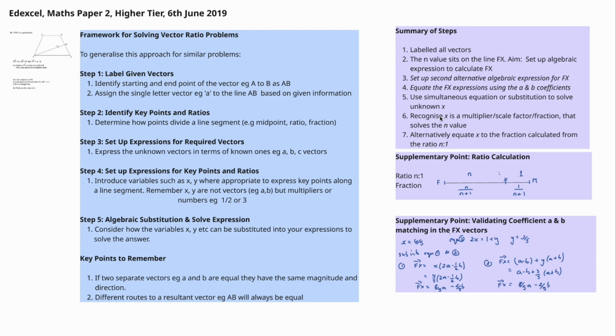It's important that you recognize that the x value or the y value we introduced was a multiplier or a scale factor or fraction, whichever way you feel more comfortable to understand it, that solves the value of n. Alternatively, we could equate the value of x, which we calculated, to the ratio fraction that we built out and generated earlier on in the question.